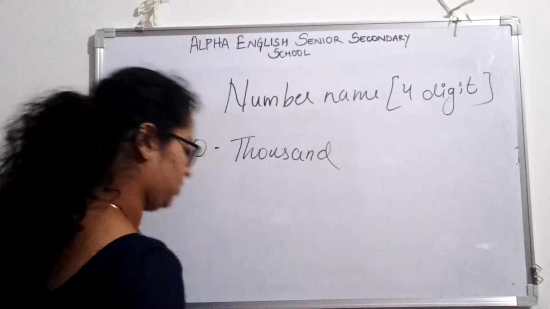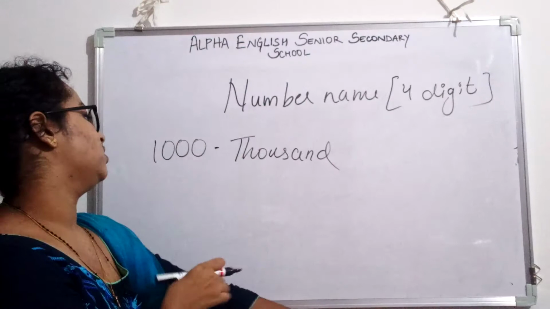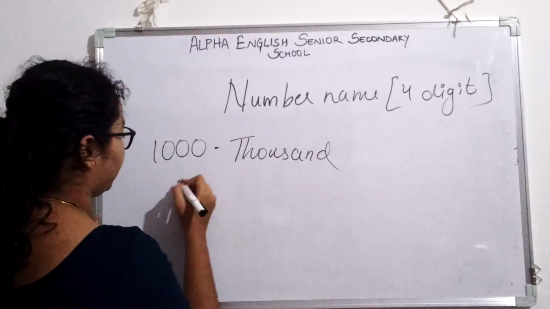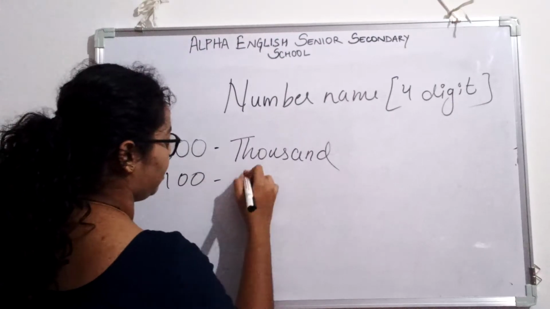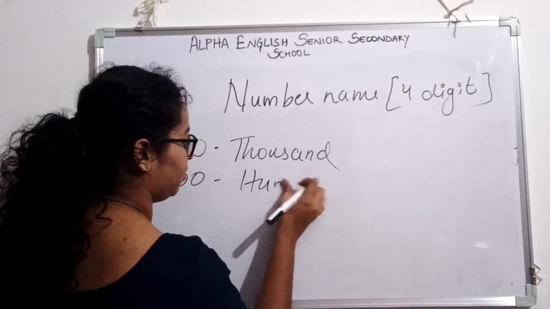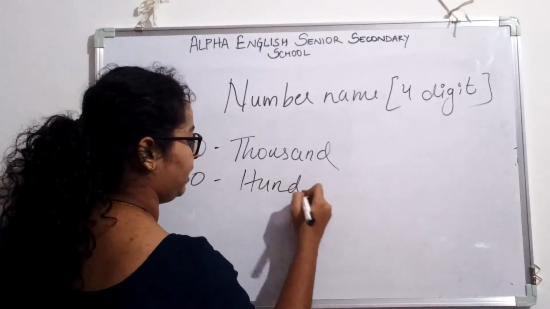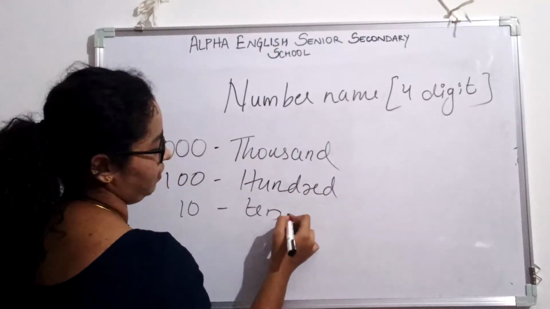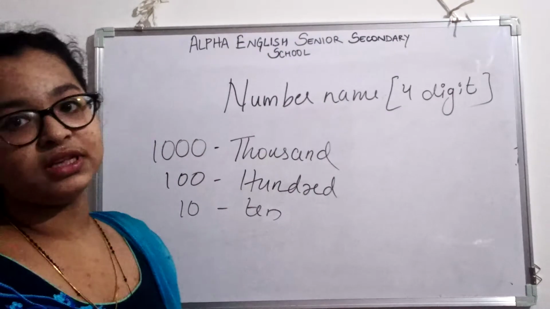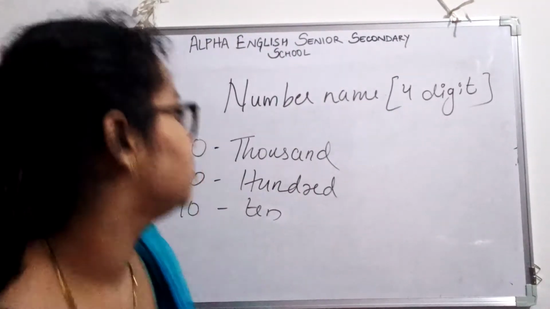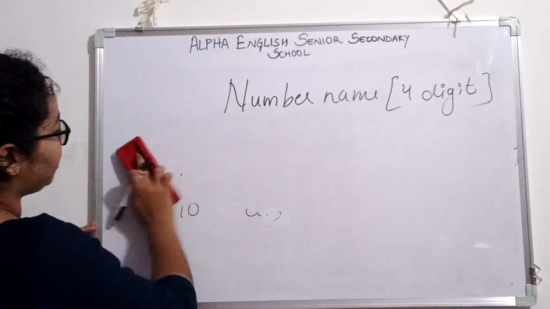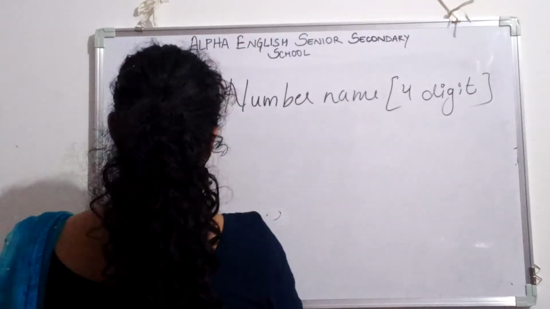And we know the spelling of 100, HUNDRED, and 10 is TEN, obviously, and you all know the spelling of ones. So how can we write the spelling of 4-digit numbers?